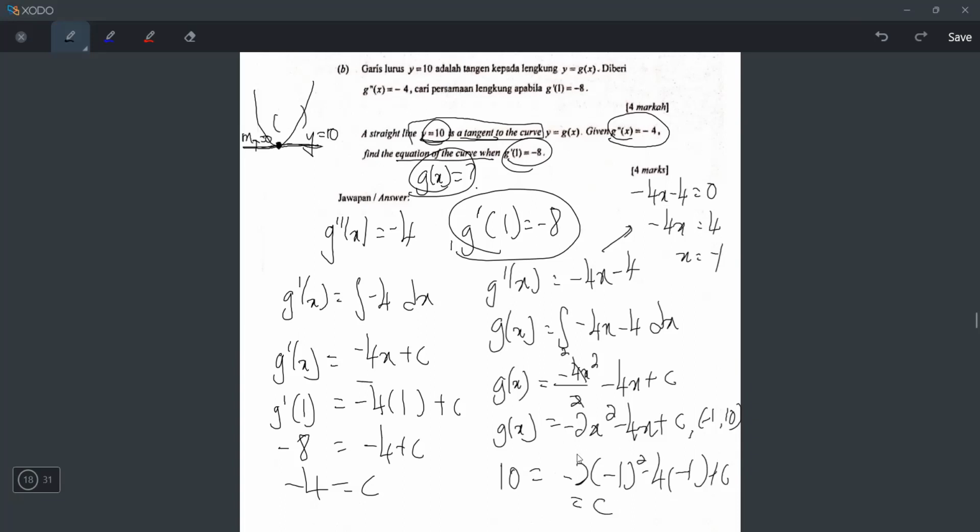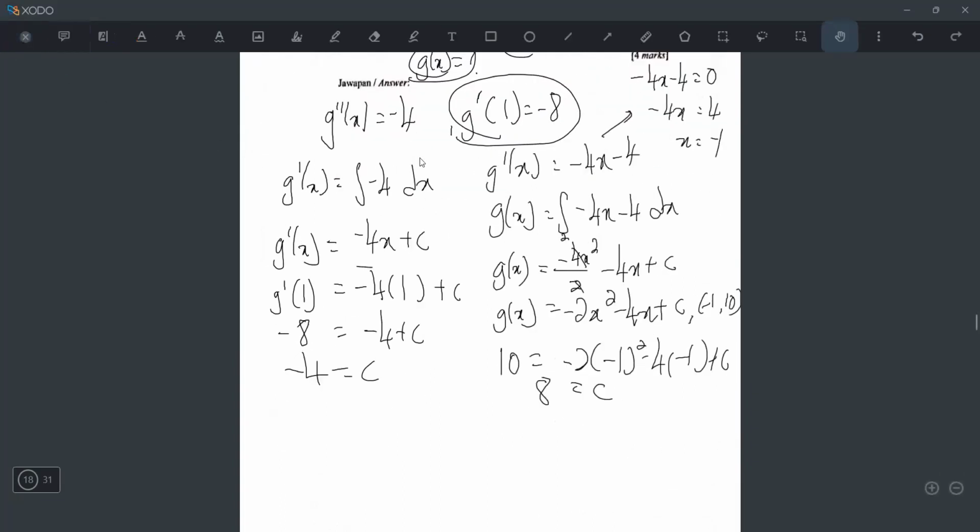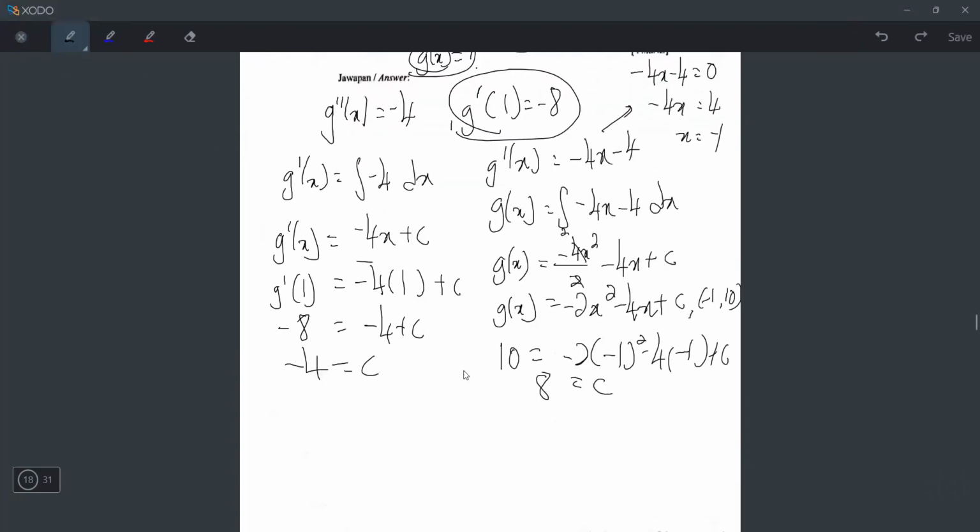If I want to find c, I just calculate the whole thing here. I think this is negative 2 plus 4, which is 2, so c is 8, right? And I believe the final answer, let me look back up here, yes, here. So gx is negative 2x squared minus 4x plus 8, right? So that should be the final answer, right?